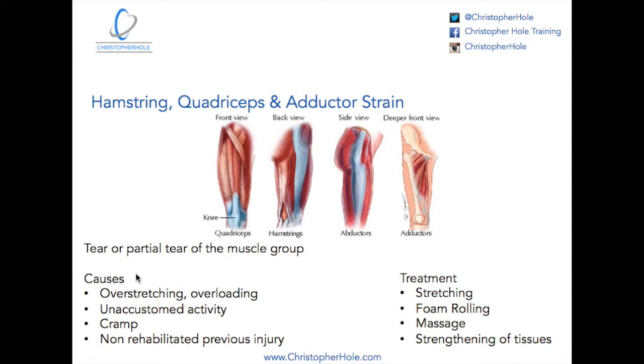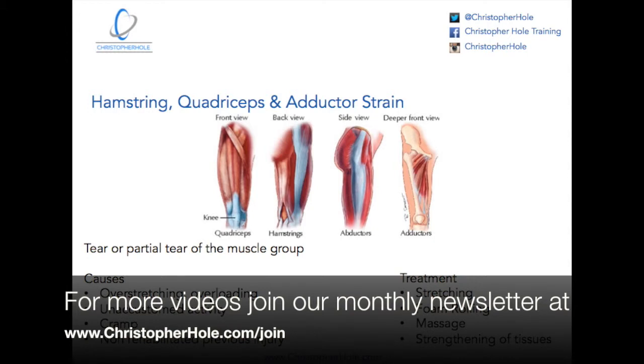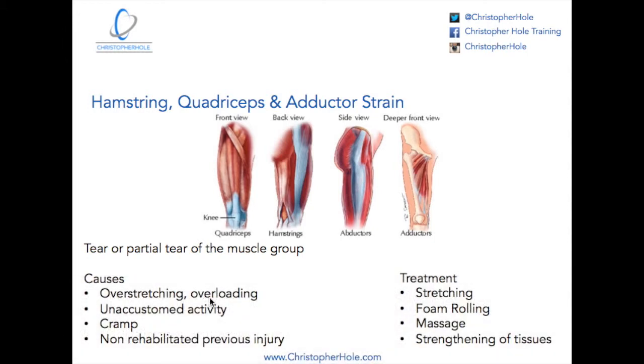Some potential causes are overstretching or overloading of the muscles. Generally these would be an overuse, repetitive type of injury. With overstretching, you can tear the muscle, so that would be more traumatic.